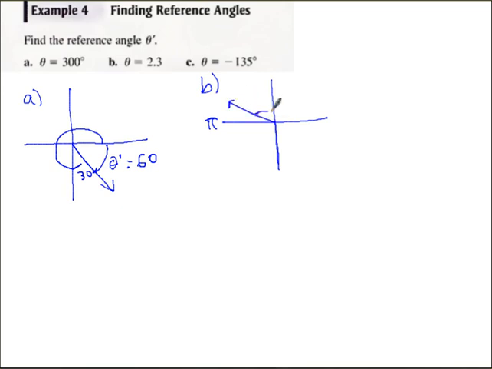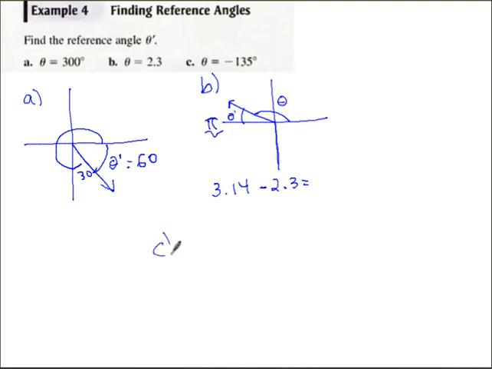Alright, so this will be my angle theta. My reference angle is going to be in here. It's theta prime, and to figure out what that is, we know this is pi, 3.14. So we would do 3.14 minus 2.3, and from there you can figure out what your reference angle is.